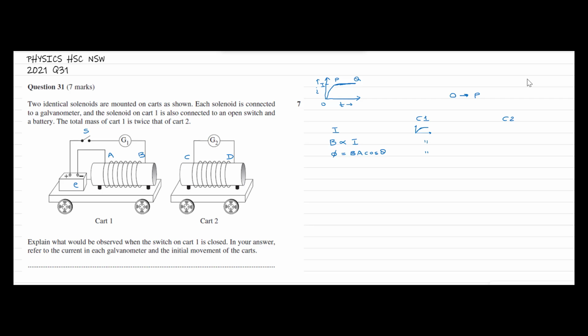As far as the galvanometer deflection is concerned, take galvanometer G1. A galvanometer does two things. It shows the direction of the flow of current in the circuit, and depending on the deflection, we can also see how strong the current is. So it gives an idea about the magnitude of the current, not the quantity.